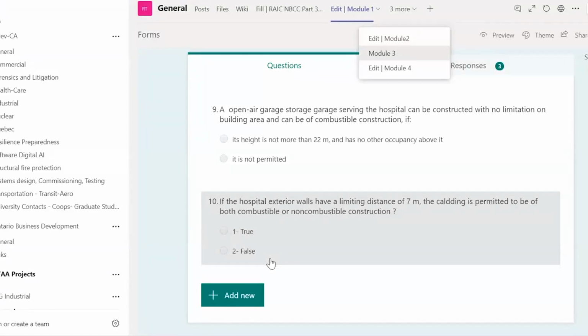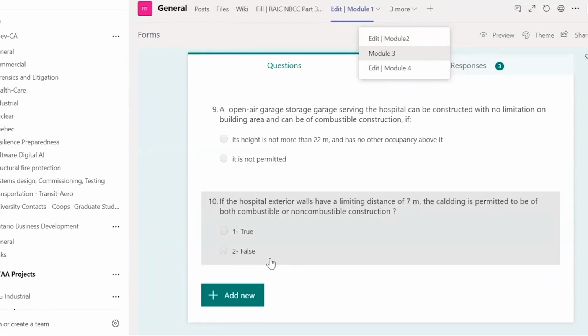I can construct it as a non-combustible construction building, so I have to make sure of that. I'm allowed cladding that is combustible or non-combustible. However, is the cladding to be both combustible and non-combustible construction? I know that it is allowed to be both.